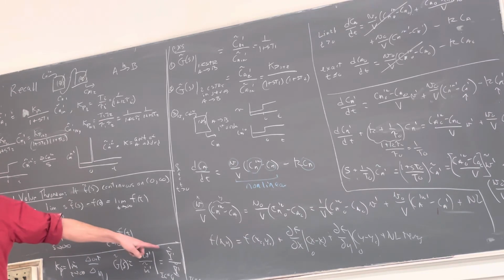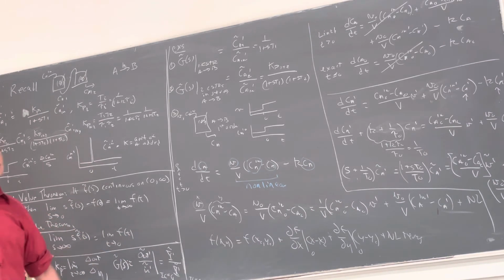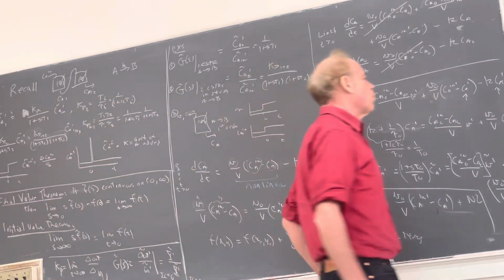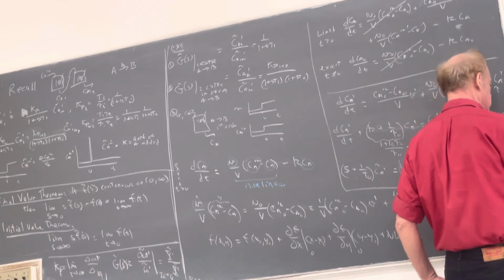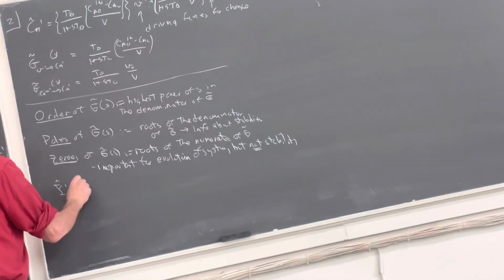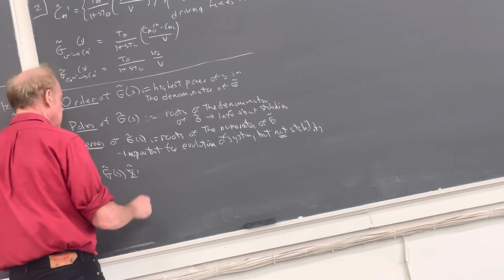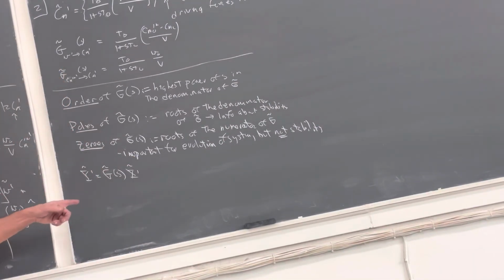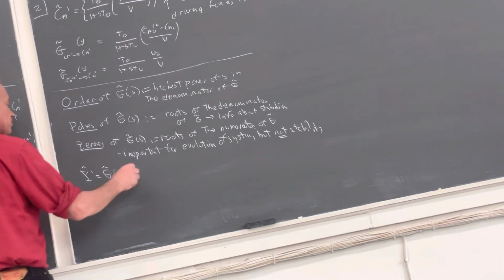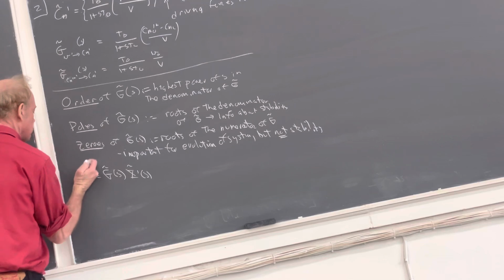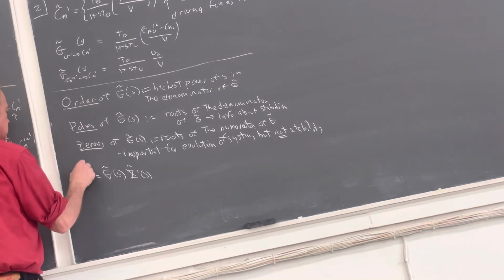I'm going to let y represent out and x represent in. So I have y prime tilde is equal to G tilde of s times x prime tilde. And notice, whenever I make a tilde over something, it's in the s domain. That's just my shorthand. Not just mine, it's a typical shorthand.